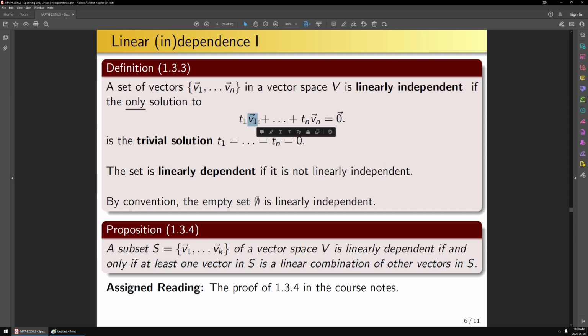Without loss of generality, you can do that. That means I can write v1 as a weighted sum of v2 all the way through vn. Plug that into this expression here, and then try to build a non-trivial solution to this linear combination being the zero vector. That's what you need to do.